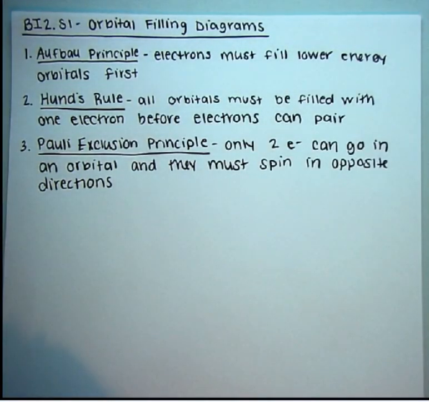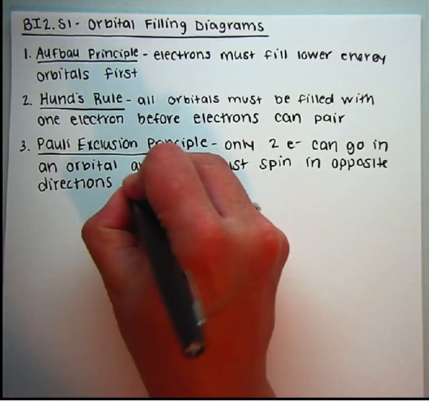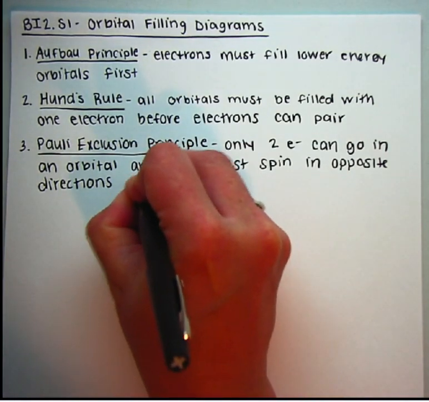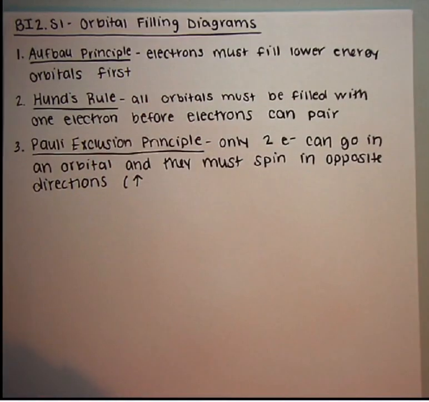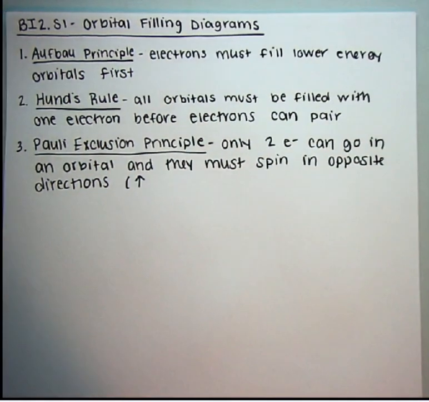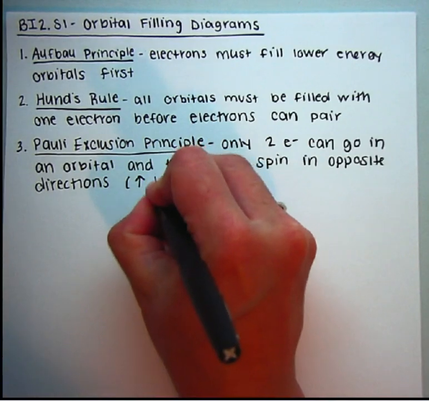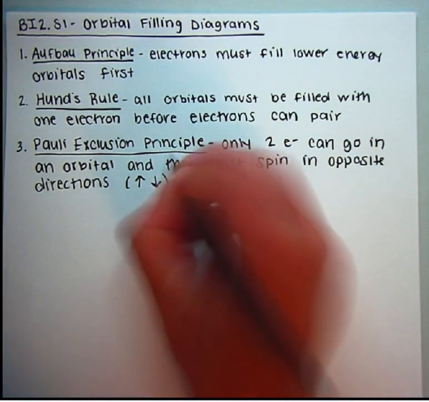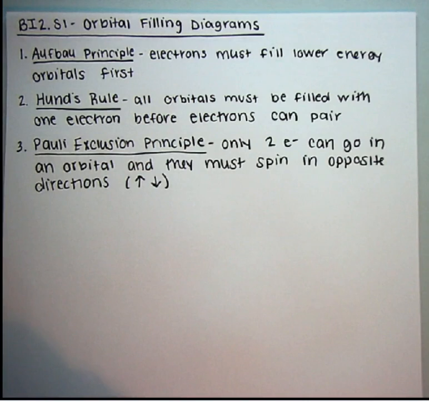So we said orbital filling diagrams are a way to show electron configuration. How are we going to show which way an electron is spinning? Well, we are going to show it with an arrow. If your first electron is spinning clockwise, it's going to have an up arrow. And then the second one, if it's spinning counterclockwise, it's going to have a down arrow.